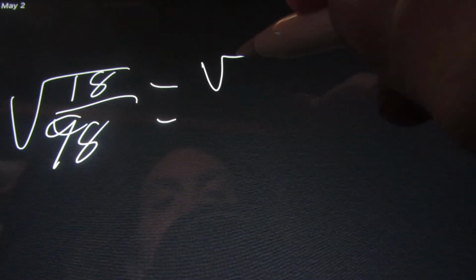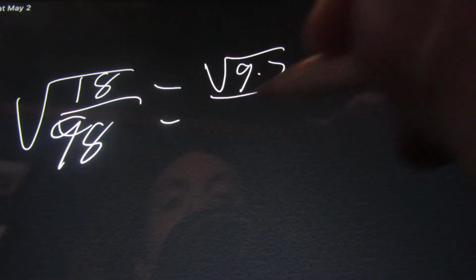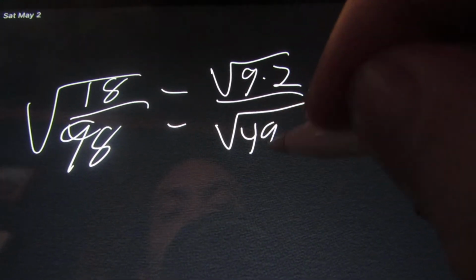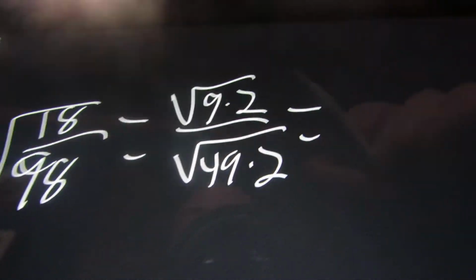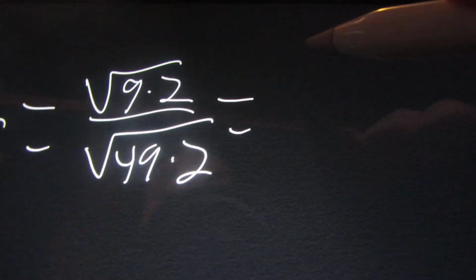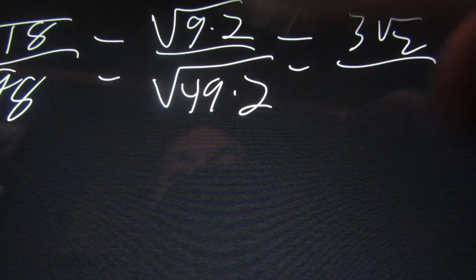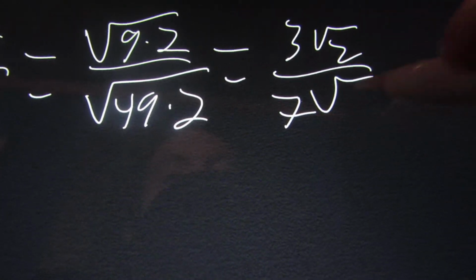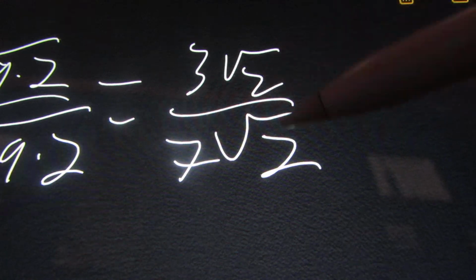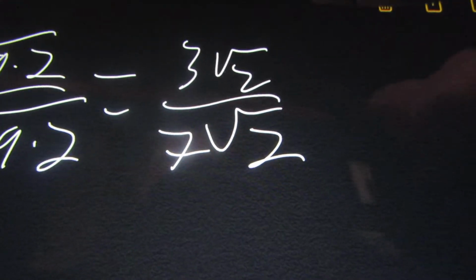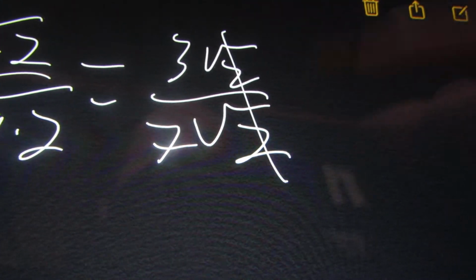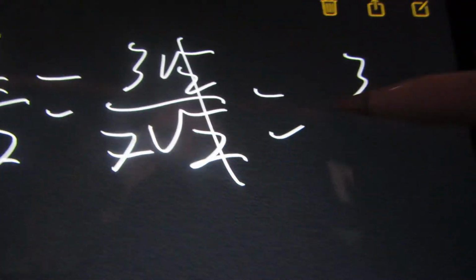So I'm going to break this to be the square root of 9 times 2 over the square root of 49 times 2. Now when I take the square root of 9, I get 3 square root of 2 over the square root of 49 is 7, and I still have the square root of 2. And now because these are multiplications here, I can simplify. Square root of 2 divided by square root of 2 is just 1, so my answer here will be 3 over 7.